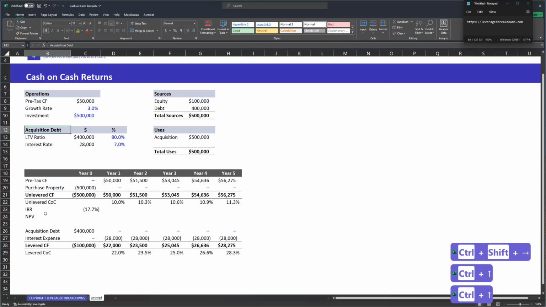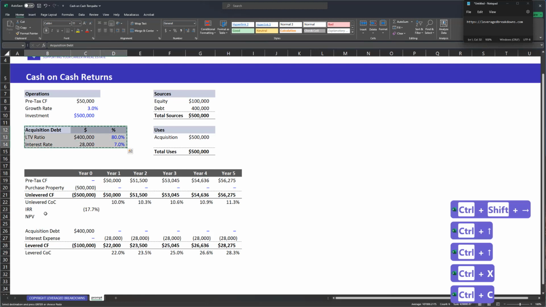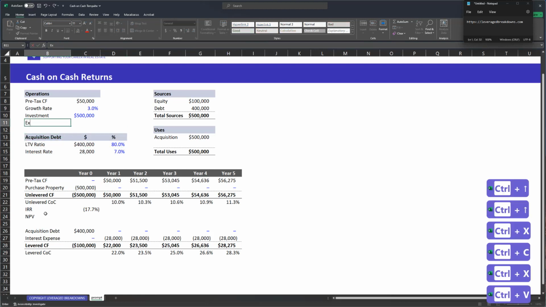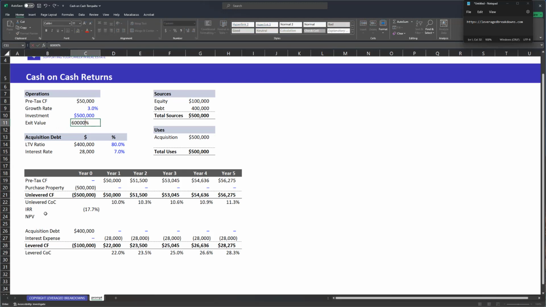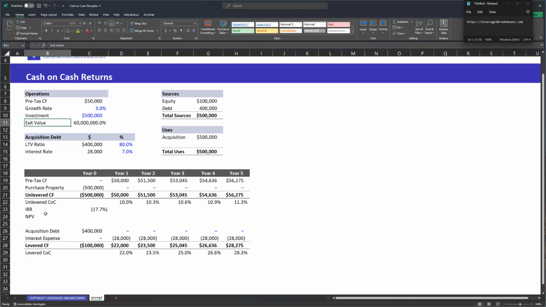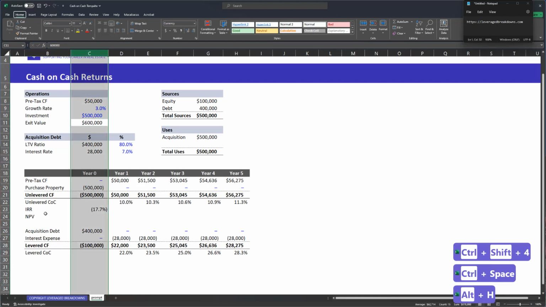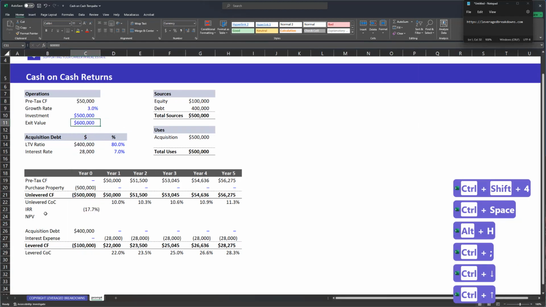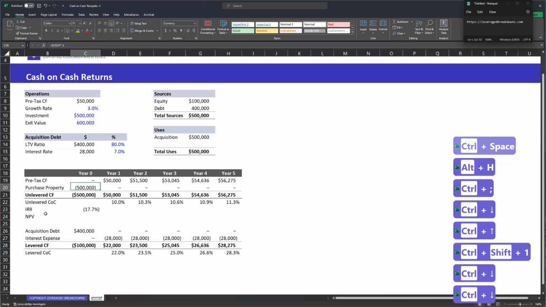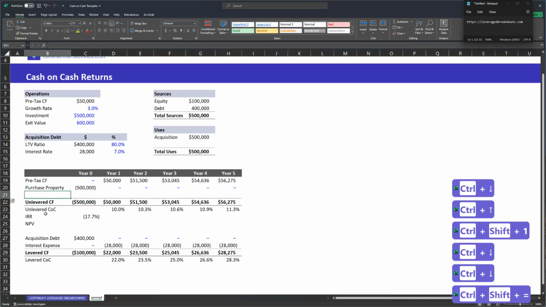So let's just go ahead. We can make this a lot more nuanced later, but let's just start with exit value equals $600,000. This is obviously not how you would do it in an institutional context, but it is easy for our quick model. So here we go, exit value.